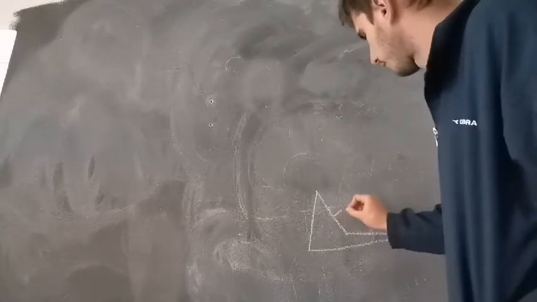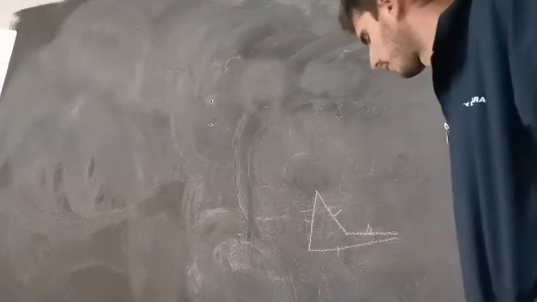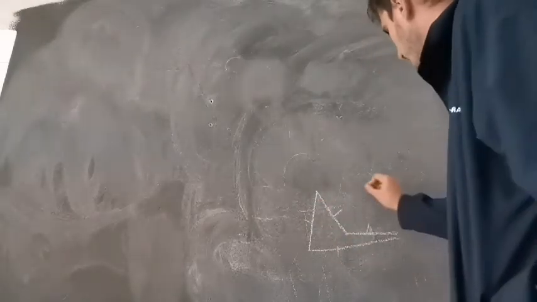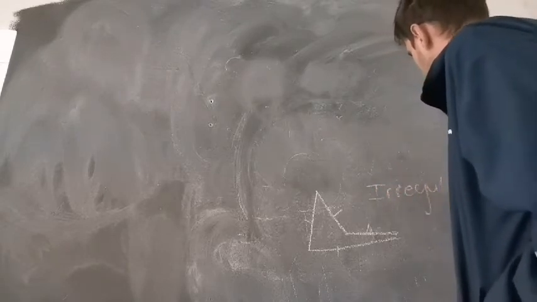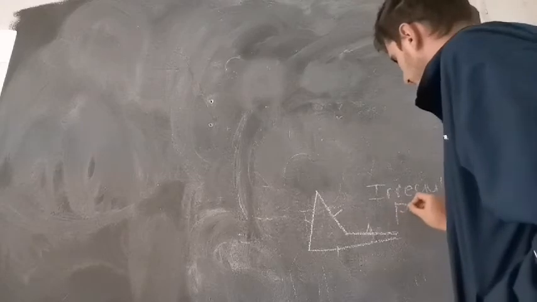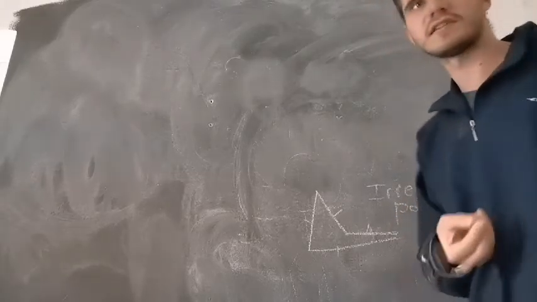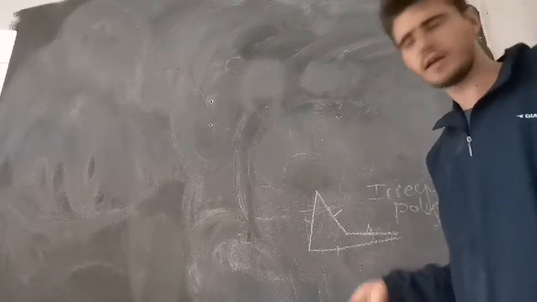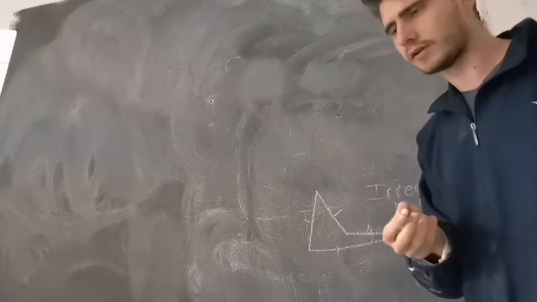There's your first straight side, your second, third and fourth. This is an irregular polygon, because this shape is irregular. Irregular means not normal. It means the shape is different, so therefore it's an irregular polygon.